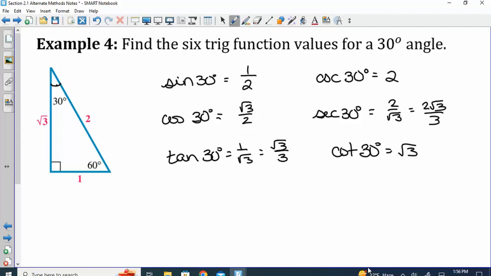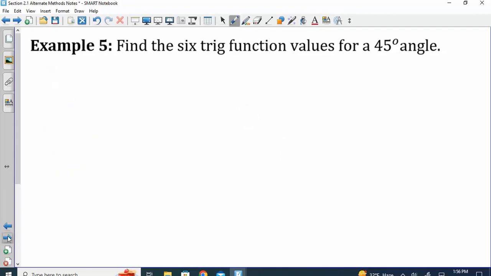And I could have very easily asked you to do all these for 60 degrees as well, right? So 30 and 60 are 2 of these angles that we need. The other special angle is 45. So let's try that, the 6 trig functions for a 45-degree angle.